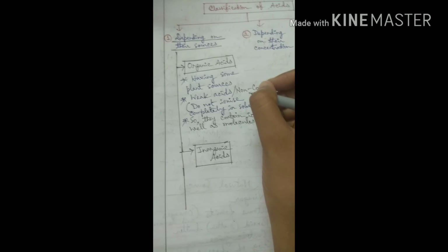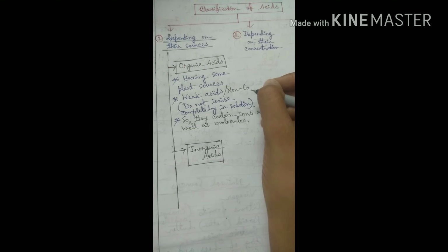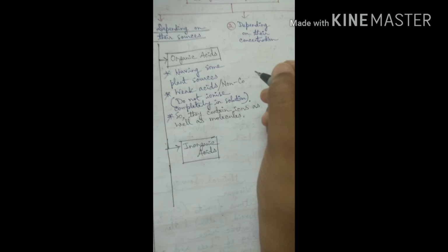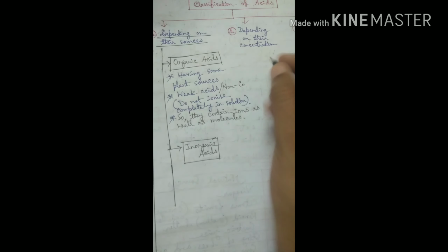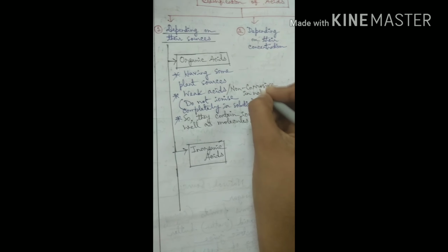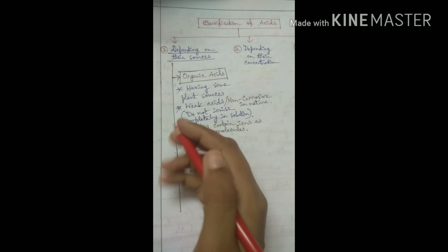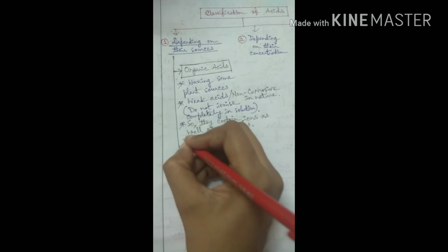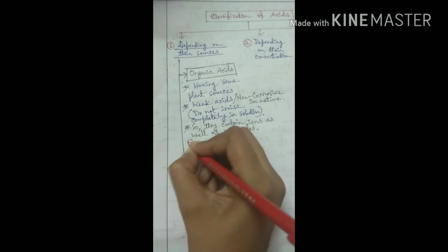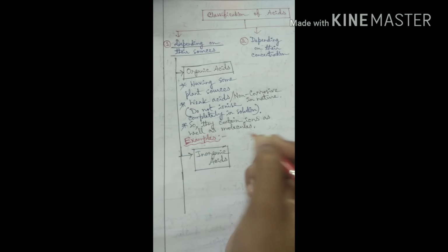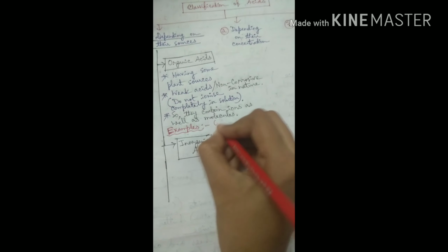That means they cannot create burns if they come in contact with a person's skin. Non-corrosive in nature. Some common examples of organic acids. Examples: oxalic acid.